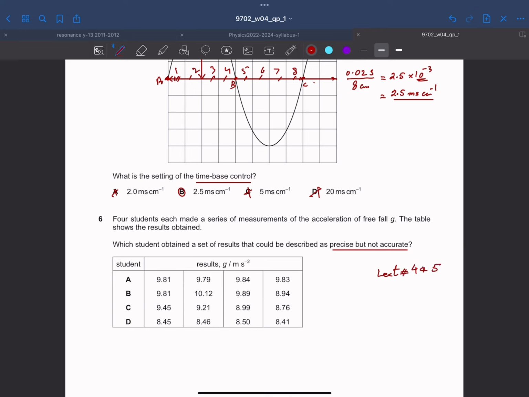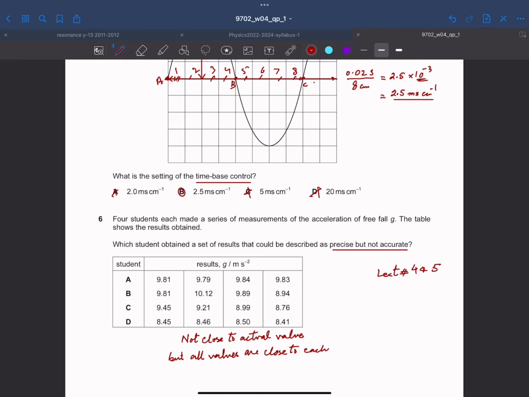Here you will find the details of these precision and accuracy, but here we are just giving you the brief information. Not accurate is nothing but not close to actual value. But all values are close to each other.